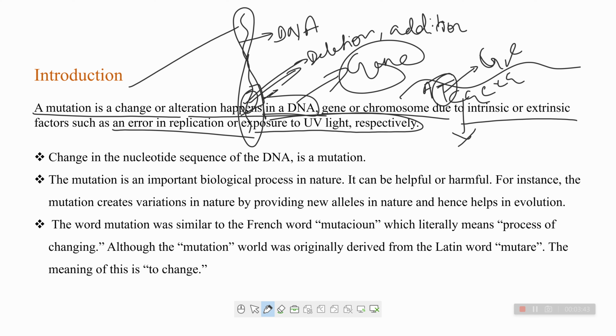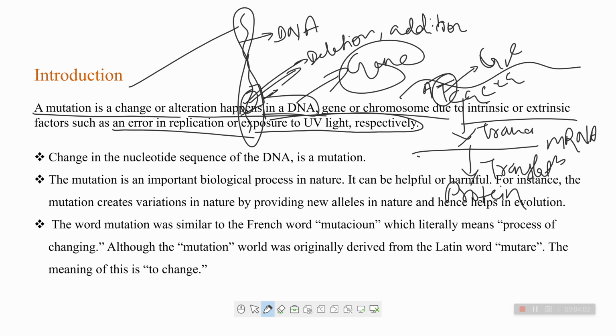From this DNA, RNA is formed. This is mRNA, right? mRNA is formed after transcription. After transcription, translation takes place. After translation, protein is formed. And how is this protein formed?